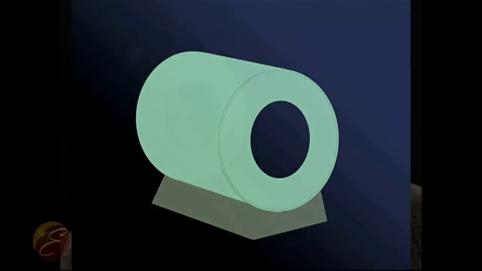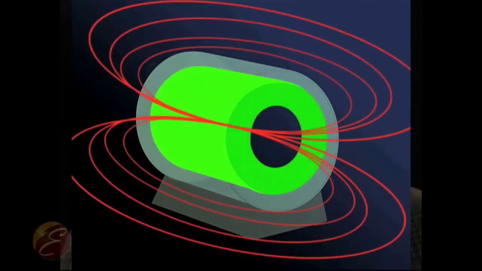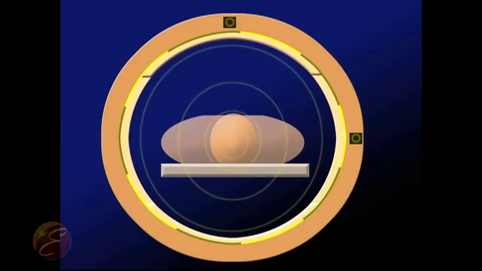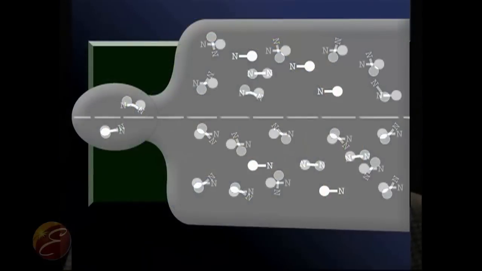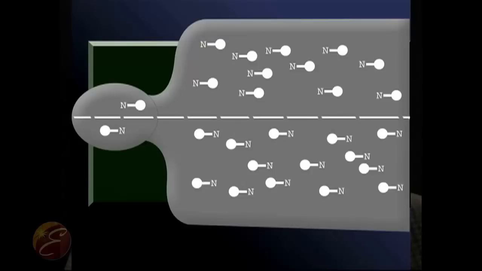If you take, let's say, a human being and put him in one of these big, very homogeneous magnetic field magnets, then there's a tendency of that magnetic field to line up the magnetic moments of the nuclei, the spin of the nuclei in the hydrogen in your body, which is in your muscle and in your blood.